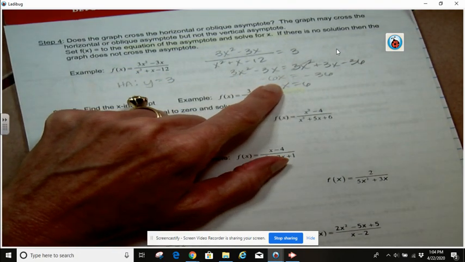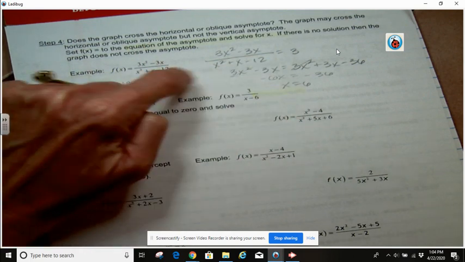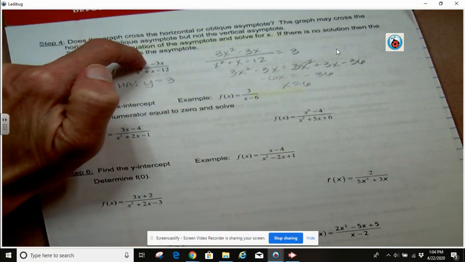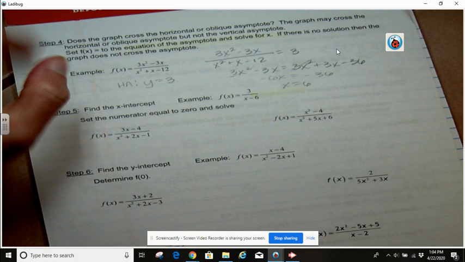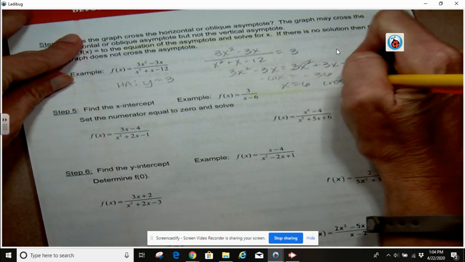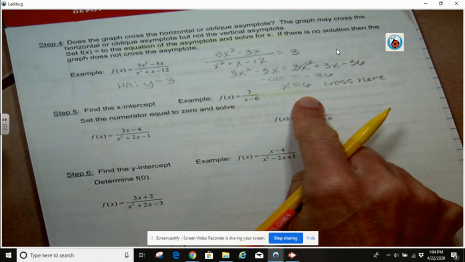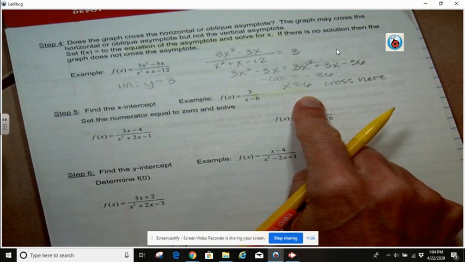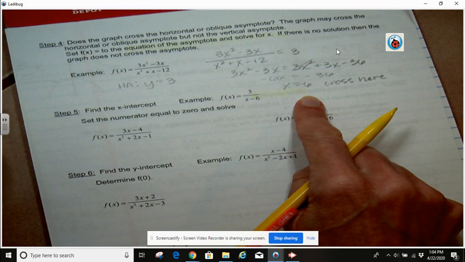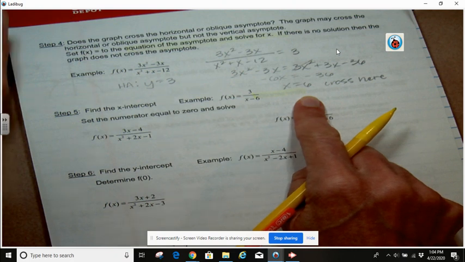So at the ordered pair (6, 3), this curve will cross this horizontal asymptote. If you get something that doesn't make any sense, like 5 equals 2, that means there is no crossing of the horizontal or slant asymptote.